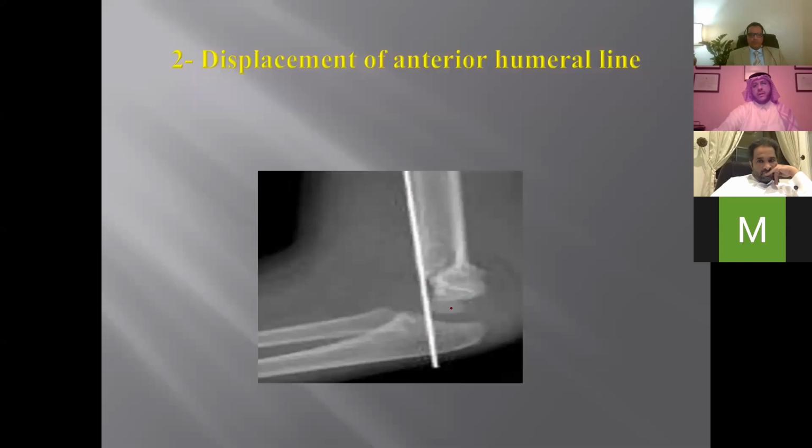So in this one, the capitulum is displaced posteriorly. It's supposed to be here, but it goes back. So the anterior humeral line is displaced, disrupted. That means there is some kind of problem here.